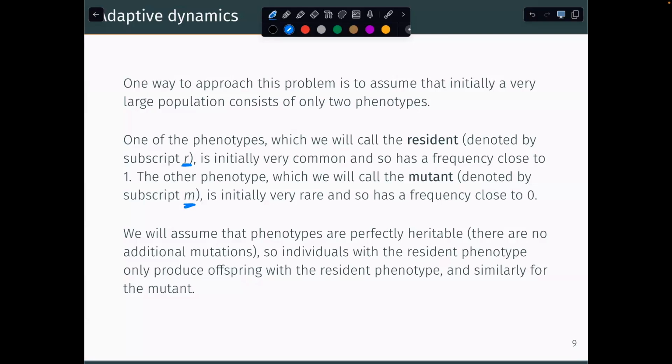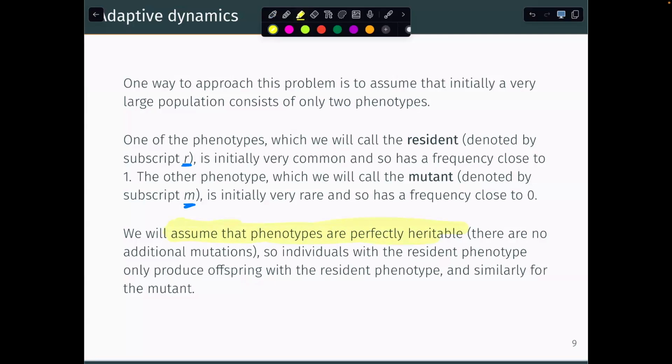We're going to make some assumptions, though. We're going to assume, for one thing, that our different phenotypes are perfectly heritable. So there are no additional mutations. We think of this mutation as just a one-off event. And also that all of the phenotypes breed true.